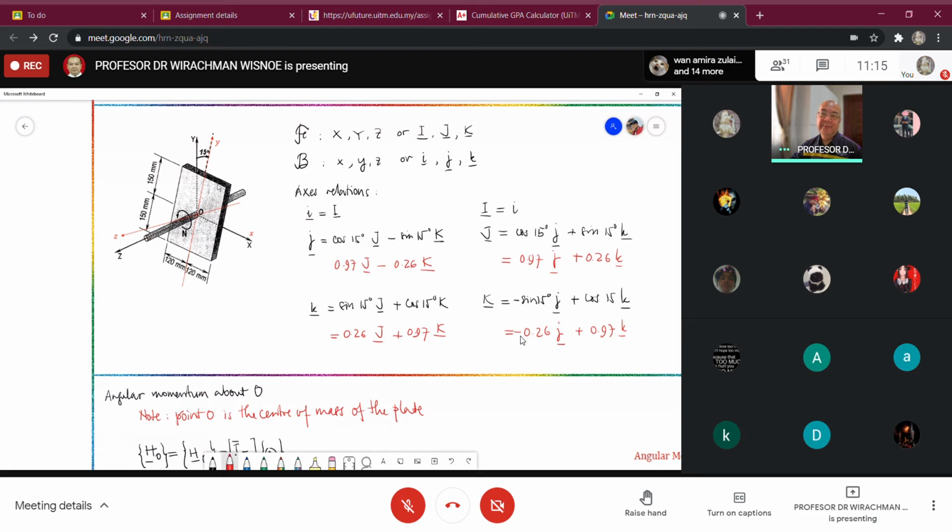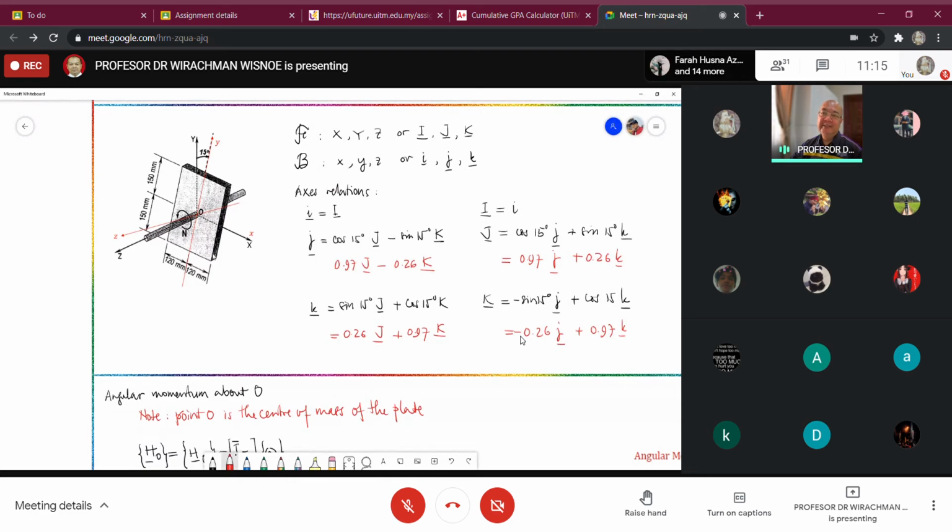I repeat, if this is the x-axis, you want to rotate this plate with respect to the x-axis here, so the height will be this one. So the formula will be 1/12 the mass of the plate times this height square. That is Ixx. If you want to calculate Iyy, in this case, the height is this one, so you need to square this one.